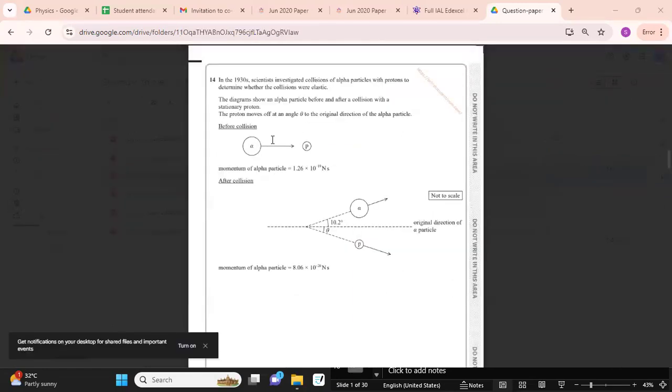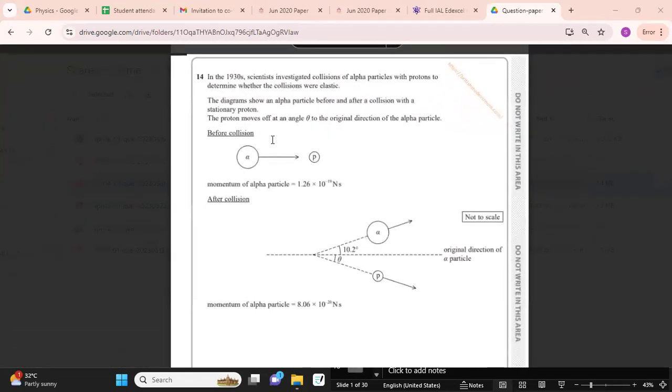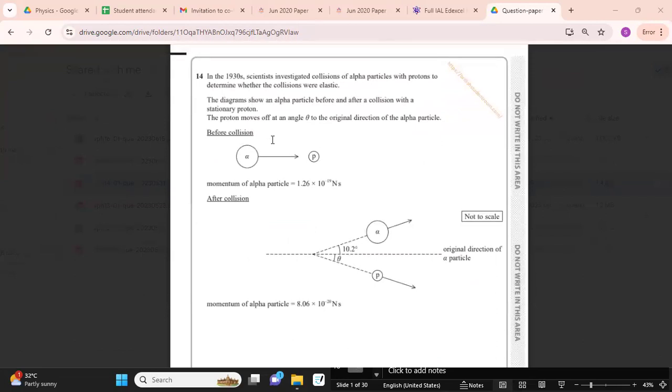Okay, here's a quite similar question. I'll try it by myself and then. All right, fine. Let me know when you're done reading the question. I'll scroll down to where the actual question is.